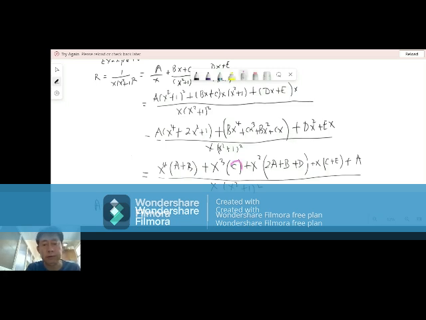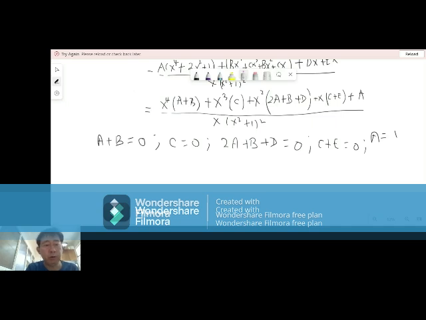The coefficient of x to the power 3 is also 0. The coefficient of x squared is also 0. So is the coefficient of x. The only term that is not 0 in the numerator function is a, which is simply equal to 1.